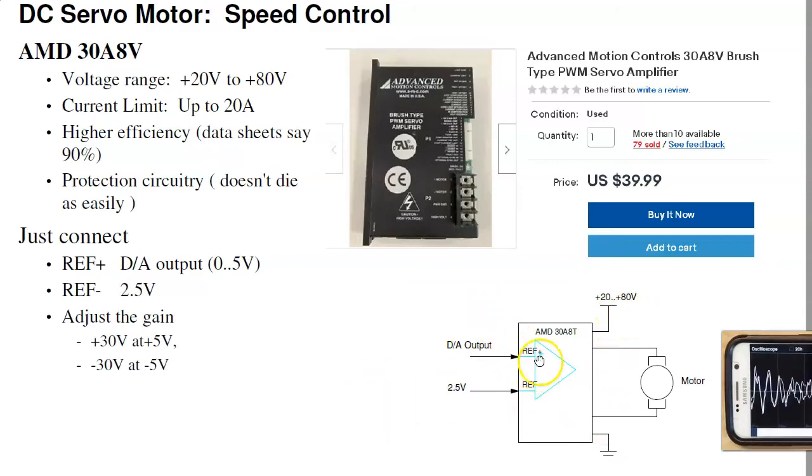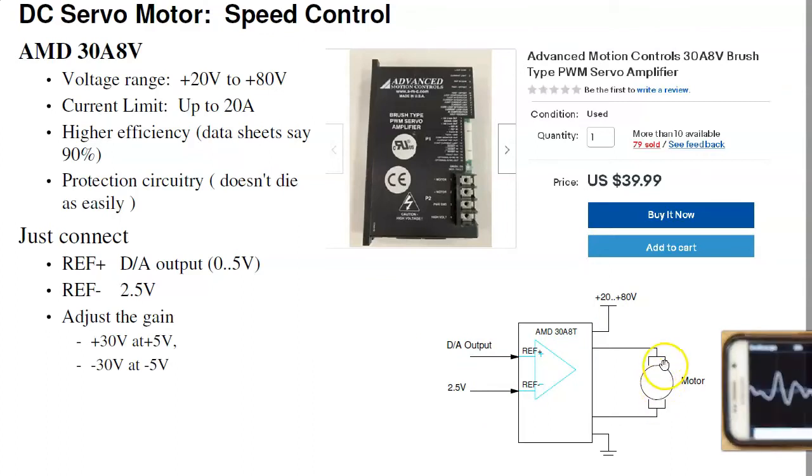It's got two inputs, ref plus and ref minus, and you can adjust the gain. If I set ref minus to 2.5 volts, then the difference between the two goes anywhere between minus 2.5 and plus 2.5. I can scale it so minus 2.5 volts gives you minus 30 volts, plus 2.5 volts gives you plus 30 volts. As I go between 0 and 5 volts, I want to go from minus 30 to plus 30. Minus 30 makes the motor spin backwards, full speed.